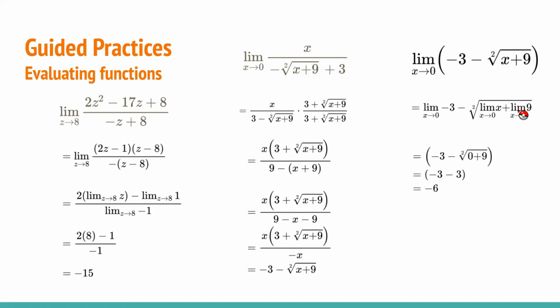So if you try to find the answer, we will get -3 minus the square root of 0 plus 9, which will give us -3 minus 3, which is just -6.